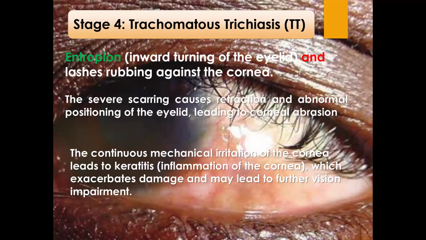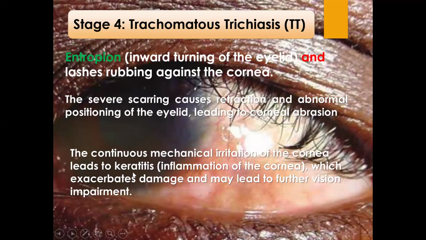So it is the third stage that leads to the fourth stage, the full-blown entropion. And when there's entropion, the eyelid has assumed this abnormal position, which now allows the lashes to be rubbing against the cornea.